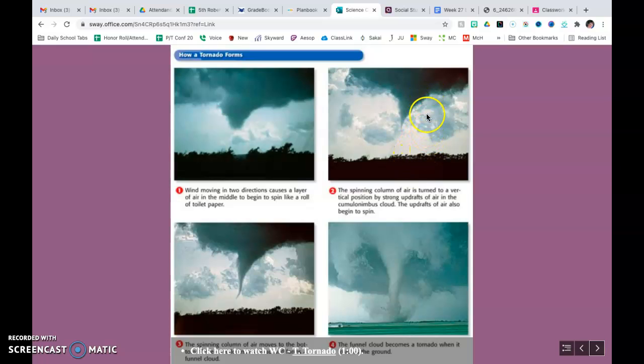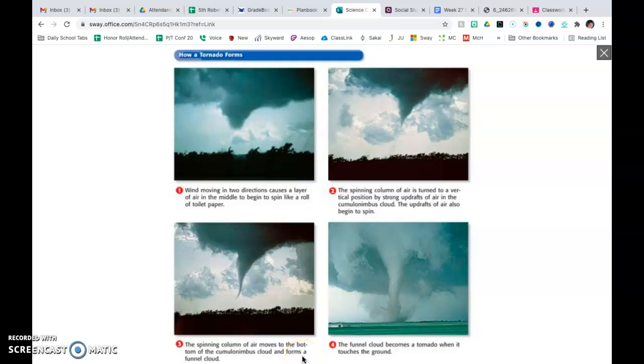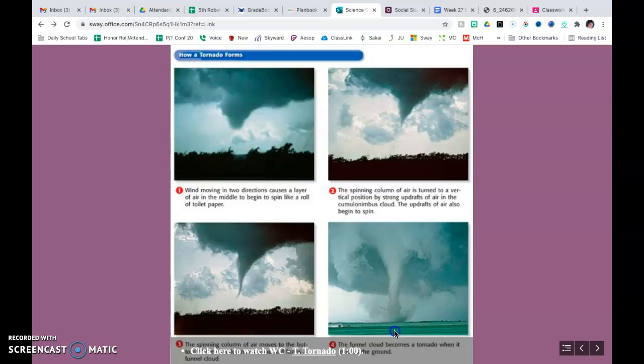That's wind going up into the cumulonimbus cloud. And then the updrafts of air also begin to spin. And then the spinning column of air moves to the bottom of the cumulonimbus cloud and it forms this funnel cloud. And then, if you happen to have touchdown, meaning it touches the ground, the funnel cloud becomes a tornado.